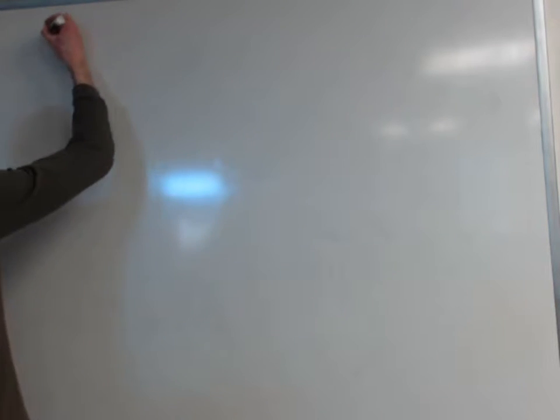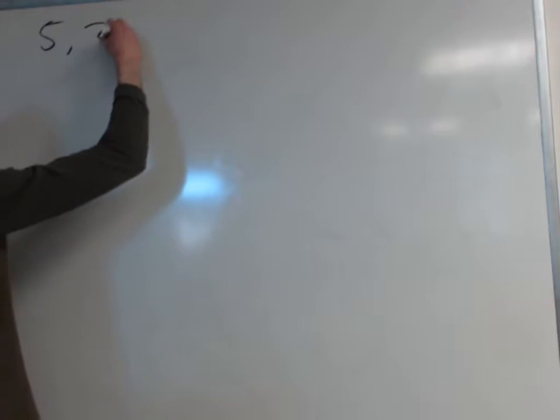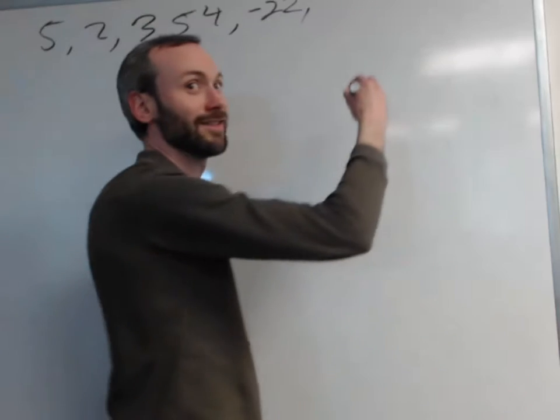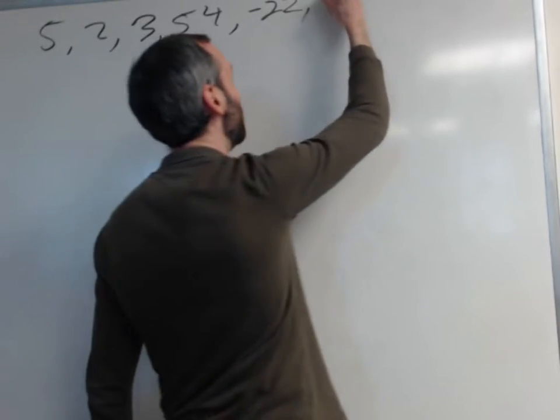Okay, great. All right, everyone, give me some numbers. 5, 2, 3, 4, 54, -22, 45, 7,000.